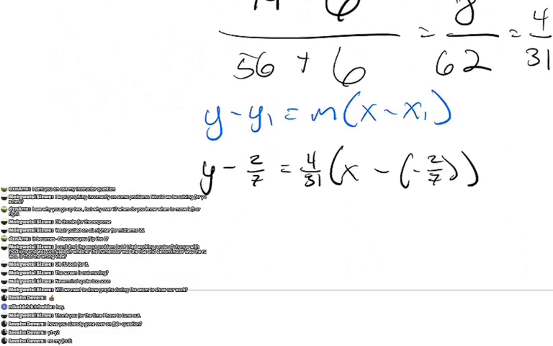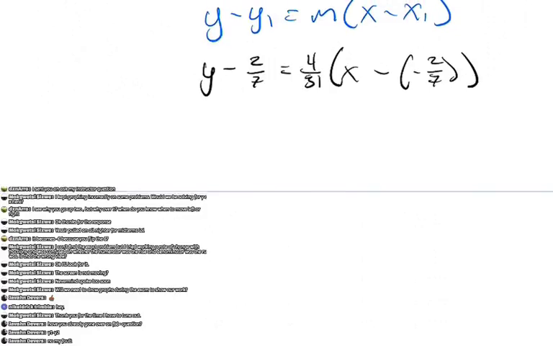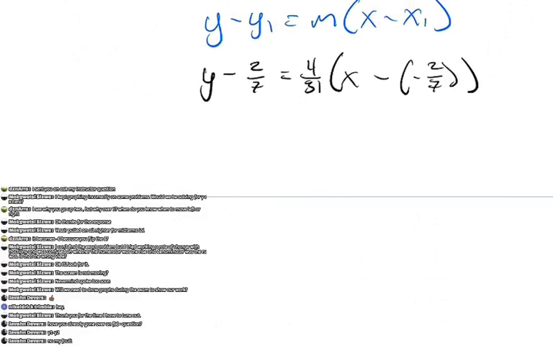So now we're trying to write this in standard form. So we need the ax plus by equals c. Now we could, I'm going to multiply by the LCD between 31 and 7. What is it, 62?